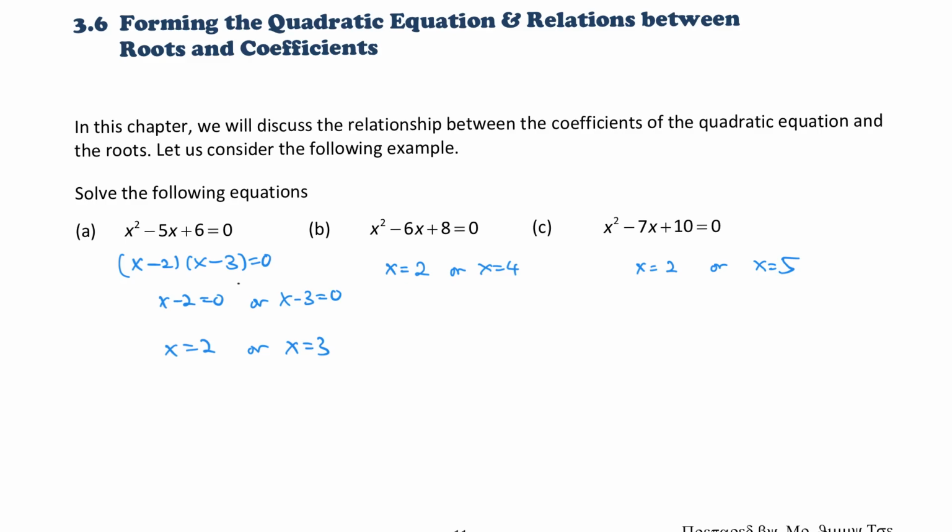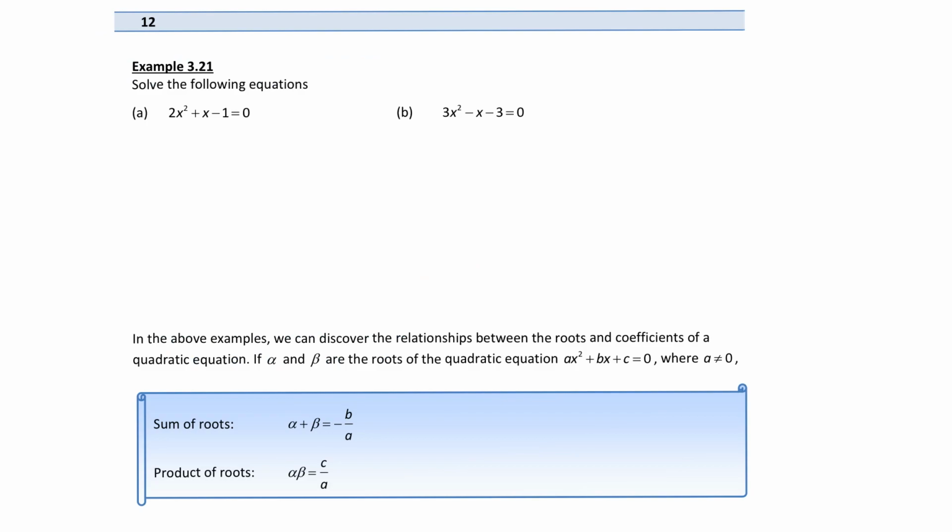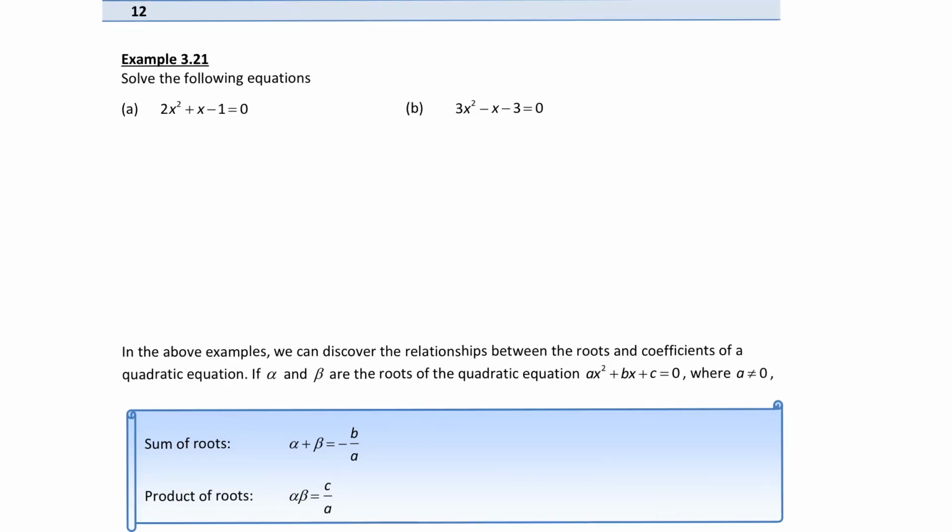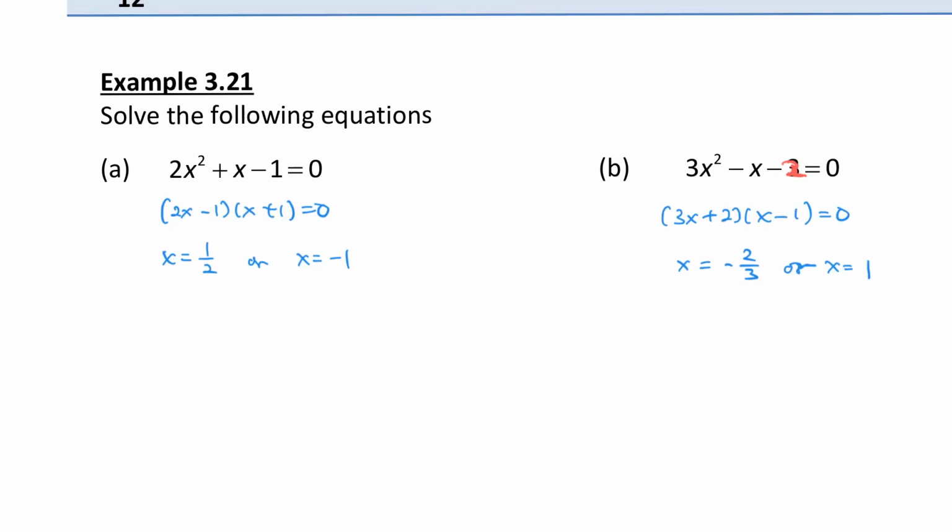I also want to demonstrate one more example. If the coefficient of x squared is not equal to 1, what's the relationship? Okay, let's see the next question. Page 12, example 3.21. If we solve this quadratic equation, the roots are 1/2 and -1.